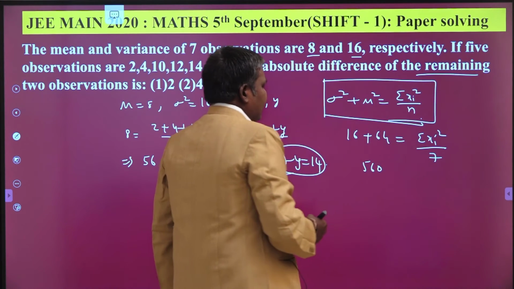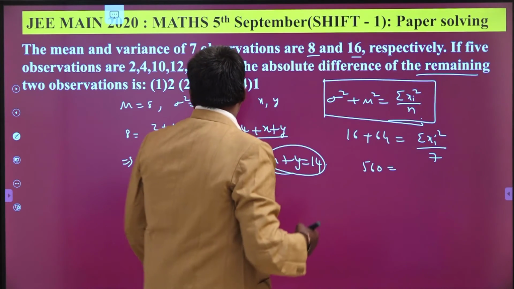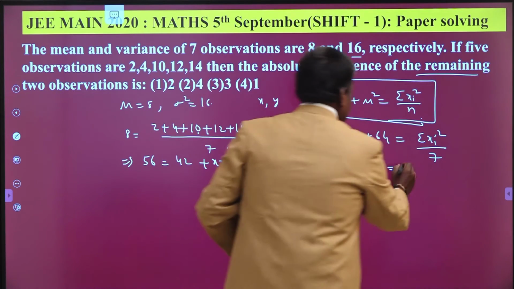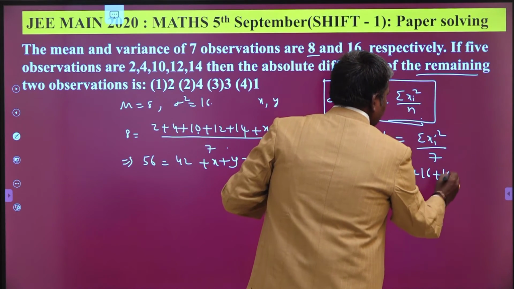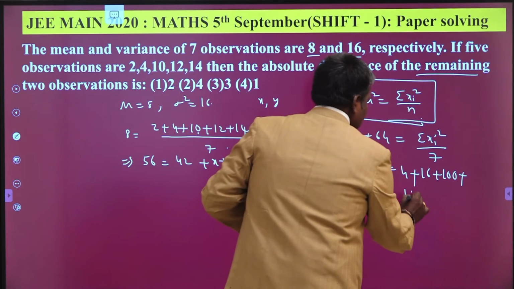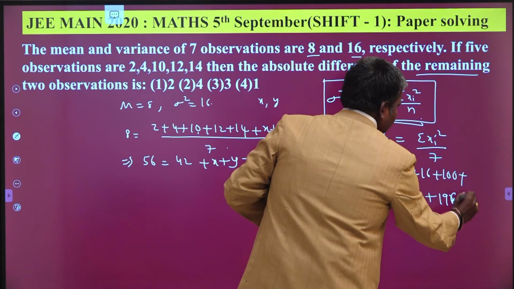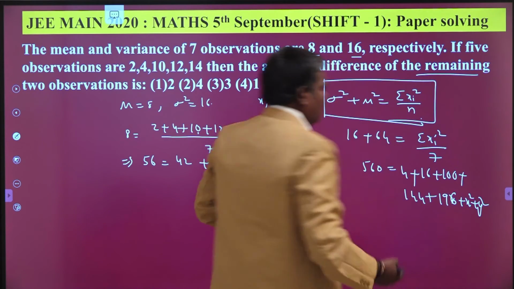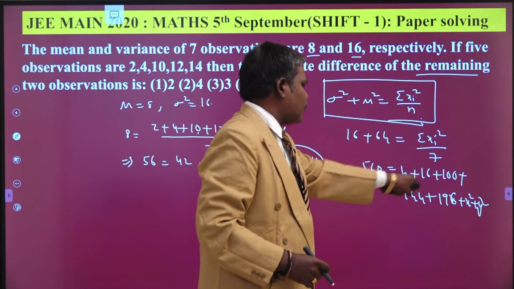So 7 into 80, 560, is equal to the sum of squares of the values, that is 4 plus 4 4s are 16 plus 100 plus, what do you have next? 144 plus 196 plus x square plus y square. The other two values are also there, that is x square plus y square.